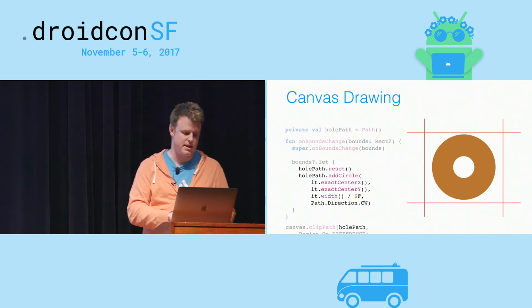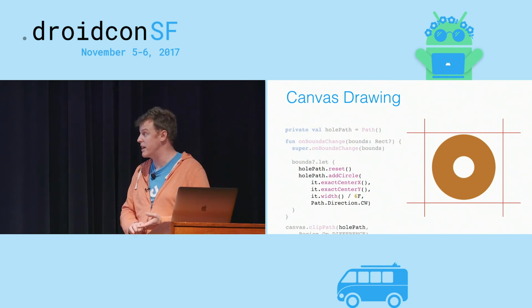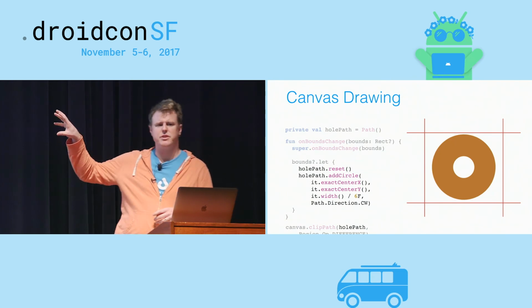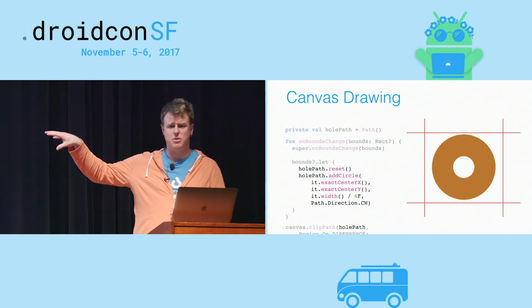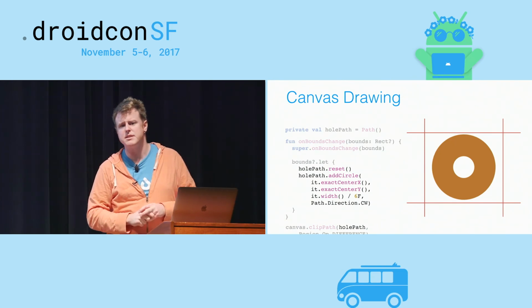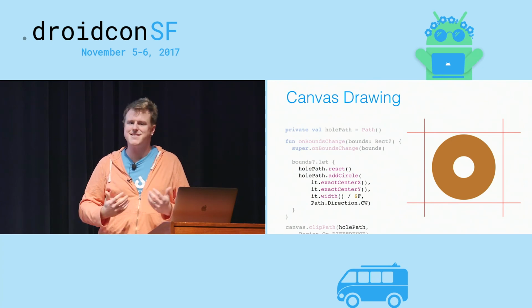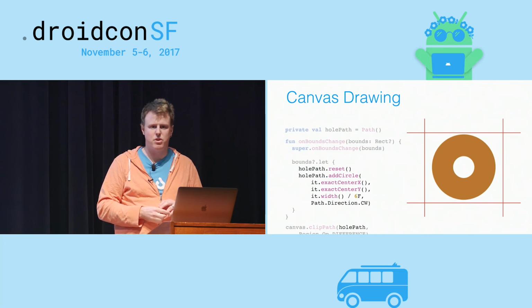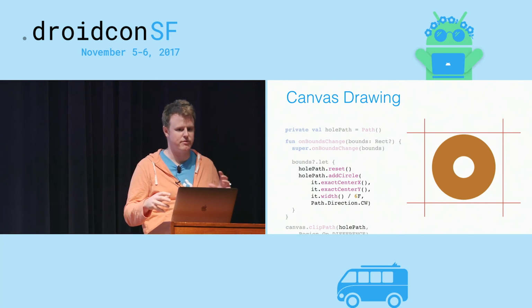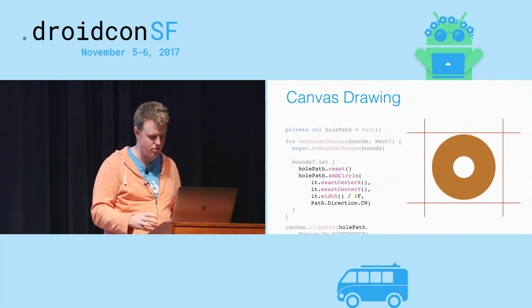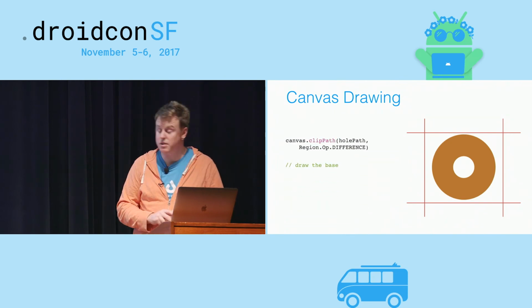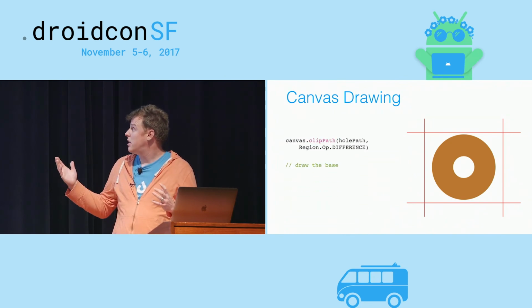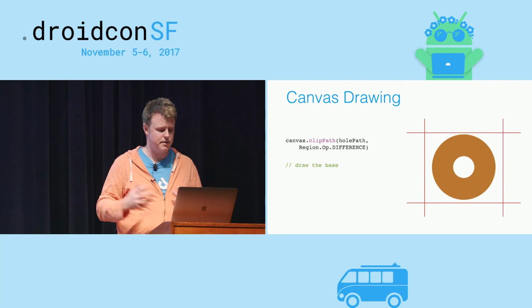You can see we give it the center X and Y coordinates, and we give it the radius. And then we have this direction, right? In this case, it's clockwise. The alternative is counterclockwise. For this type of example, it doesn't really matter. That kind of thing matters a bit more when you're doing more advanced stuff, but for now, we can just ignore it. And there we have our donut hole, all right?